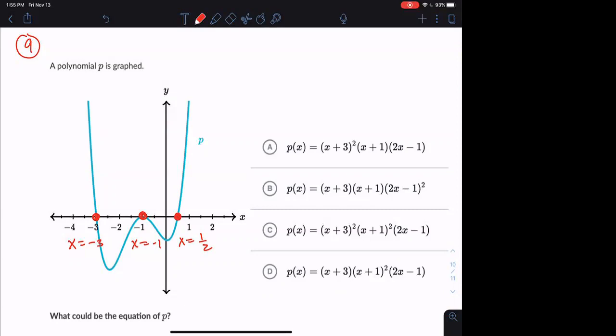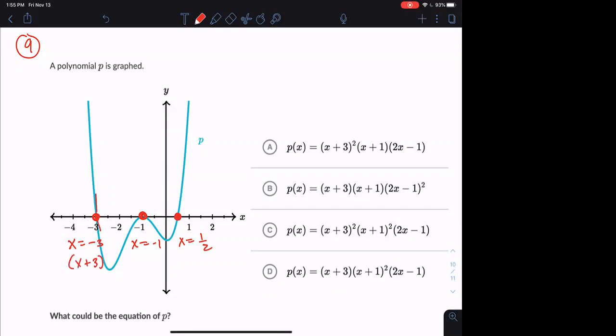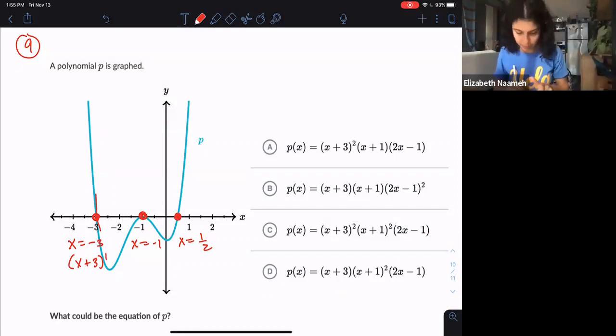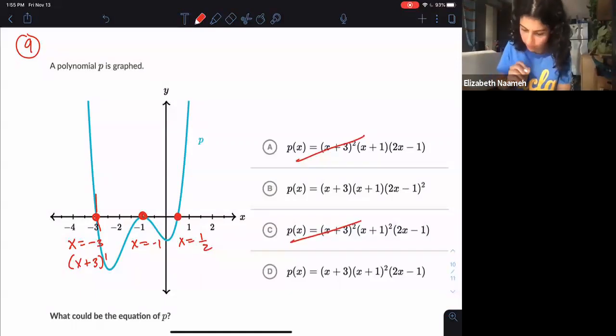Determine what power they're given. The powers. So the x plus 3 factor should have a what power? A 1 or a 3 or a 5, but it has to be odd, right? X plus 3. So what should we get rid of? C and A. They give me even powers.